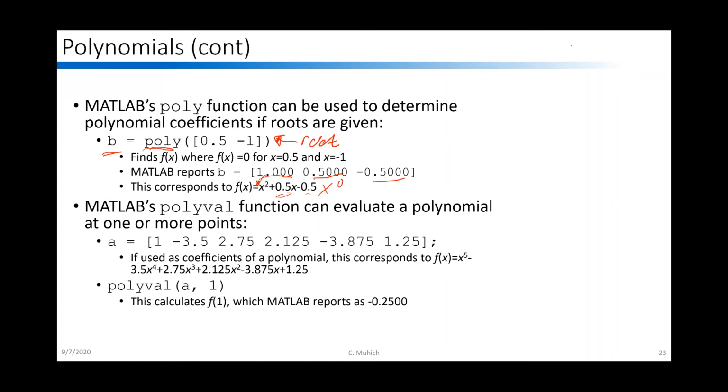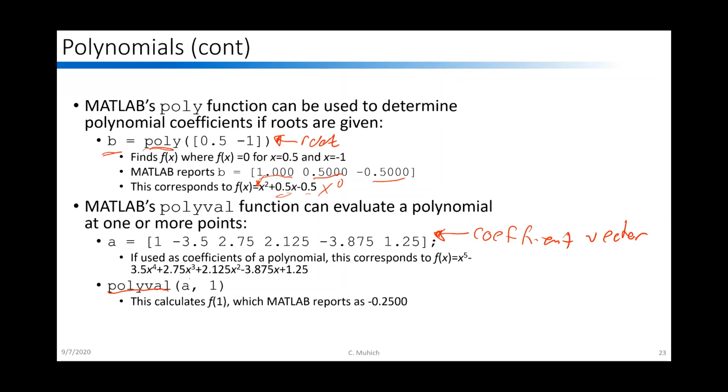Lastly, we can keep going with this idea of using roots or polynomials directly in MATLAB using the polyval function, where if I use that coefficient vector, I can pass different values to a MATLAB function called polyval, which will display the value of that polynomial at a given x.